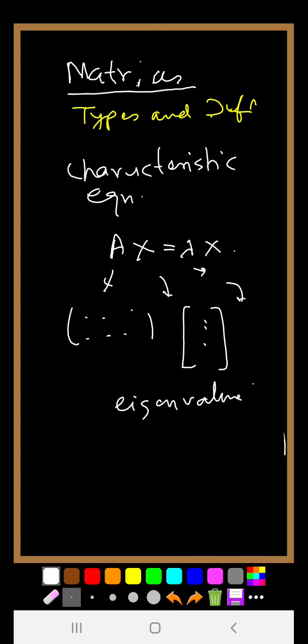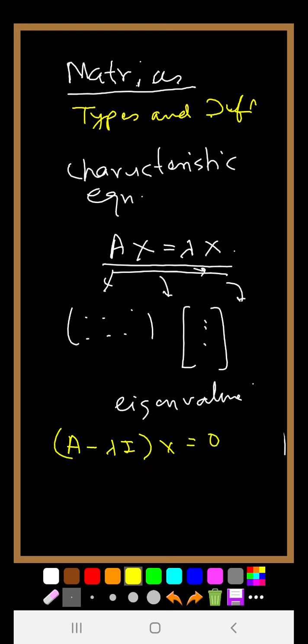So we get the characteristic equation if we transform this equation and write it in this fashion: A minus lambda I into X is equal to 0. And for this equation to be satisfied, the determinant of this part should be equal to 0.